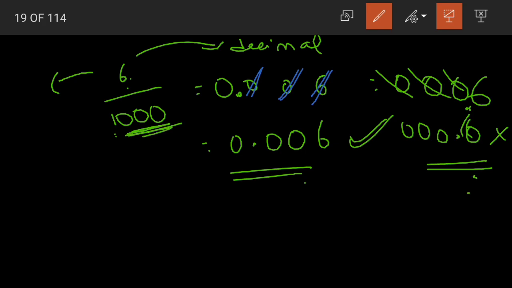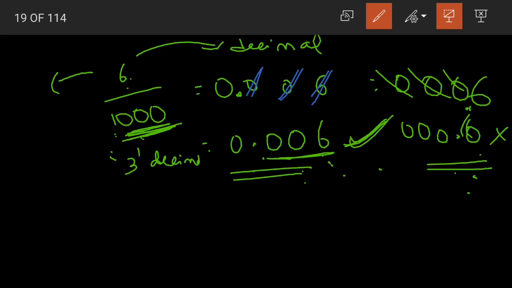The number of zeros in the denominator will determine the number of decimal places in the given number. As the denominator here is 1000, it has 3 zeros, so the decimal number should have 3 decimal places. Yes, from both of these, which has 3 decimal places? 0.006 has 3 decimal places. So this is our correct answer.